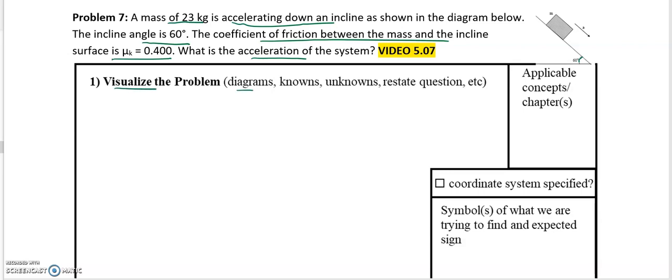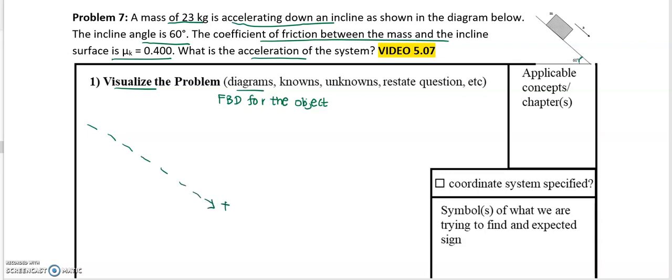So first we are going to visualize by drawing a free body diagram for the object that is in motion. When we draw a free body diagram, we have to specify the x and y coordinates. This step is really important because we are working with vectors.